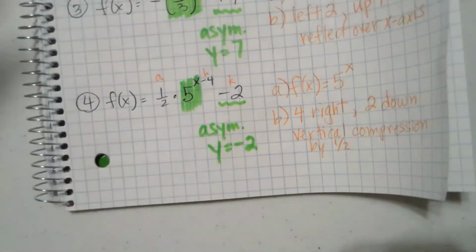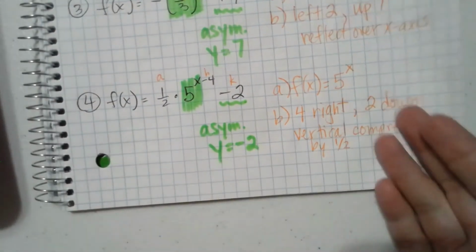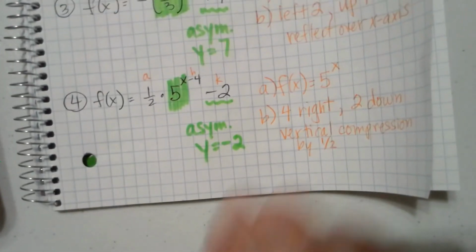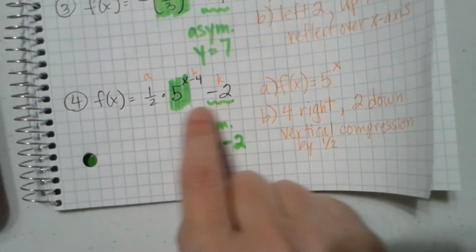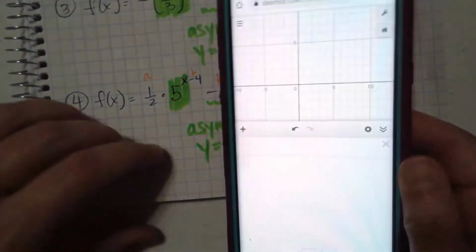Okay, one last thing real quick. Just in case the question said graph this or sketch a graph, find the intercept or do the domain and range, I just want to show you how we would type this into our calculator.